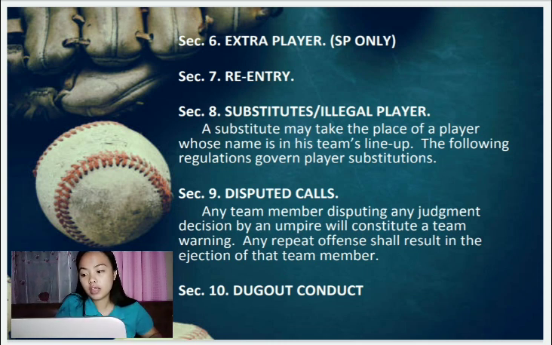Next, Section 10, the dugout conduct. Coaches, players, substitutes, or other bench personnel shall not be outside the designated dugout area, except when the rules allow or when considered justified by the umpire.